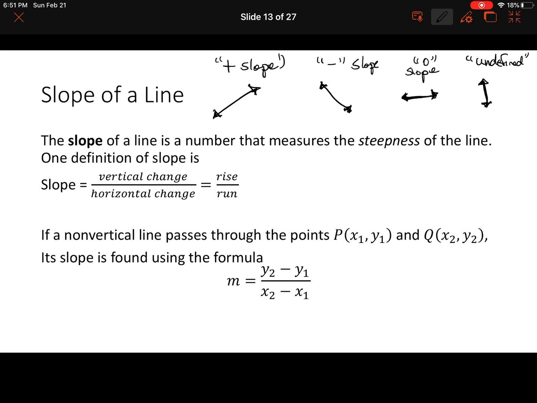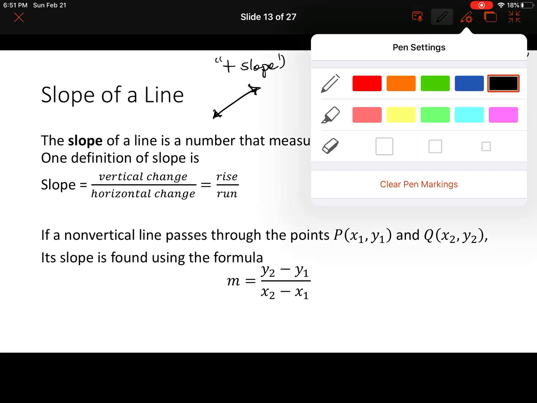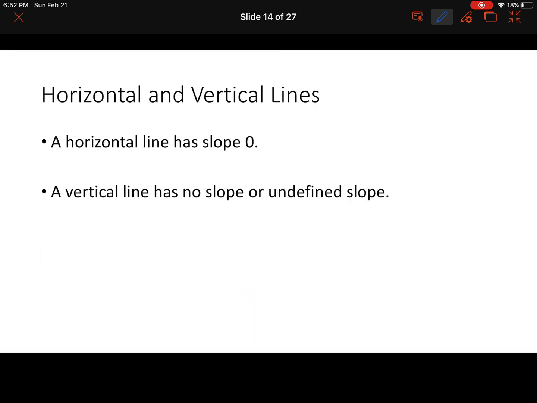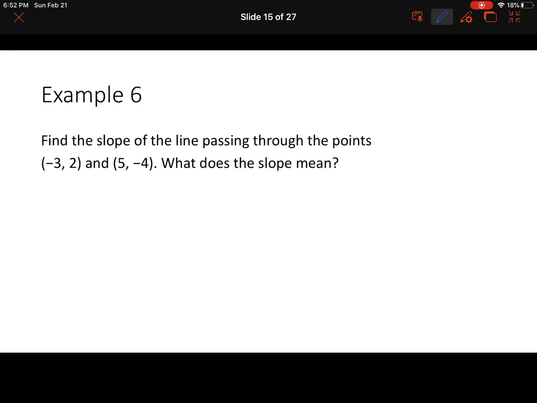All right. The formula that's used for the slope is lowercase m equals the change in the y values over the change in the x values. All right, if you have points, this is the formula that you'll use to determine the slope. Right, let's go ahead and grab that guy. We already went through this.